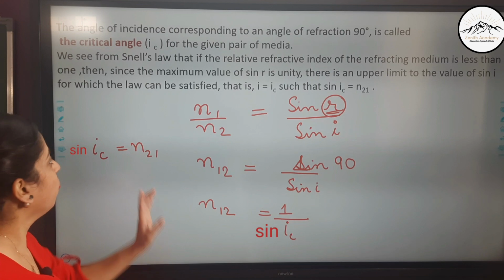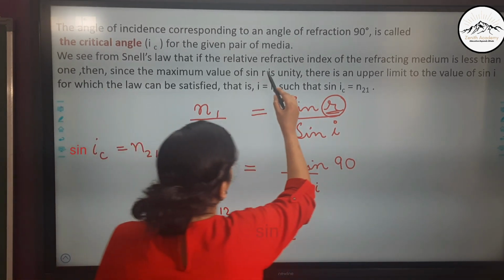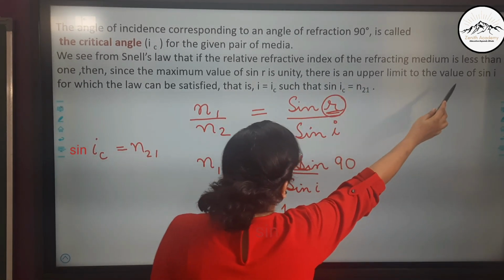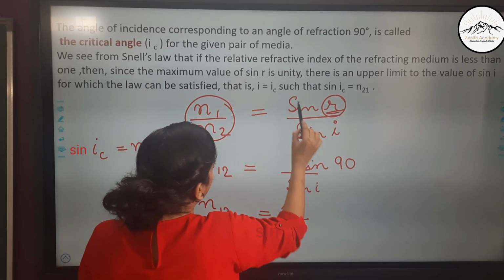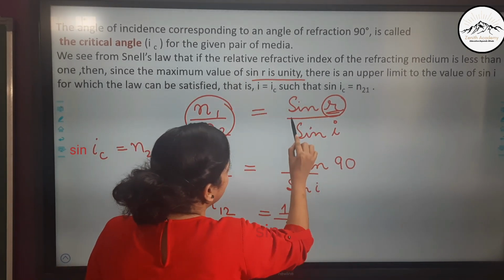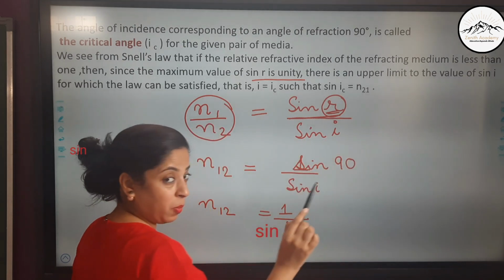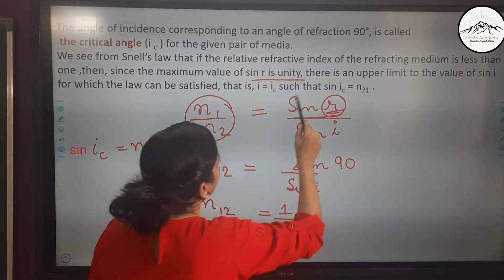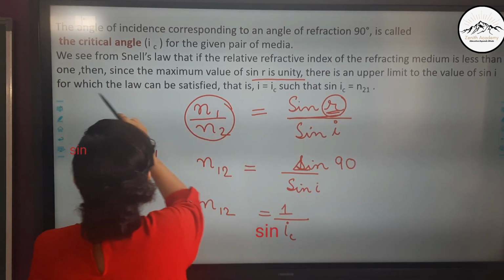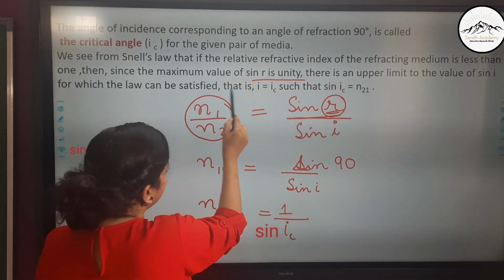So what we can say, that if relative refractive index of the refracting medium is less than 1, since the maximum value of sin r is unity, and why 1? Because sin 90 is 1, there is an upper limit to the value of sin i for which the law can be satisfied.